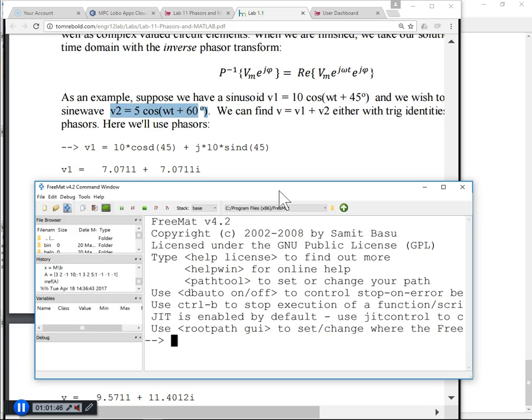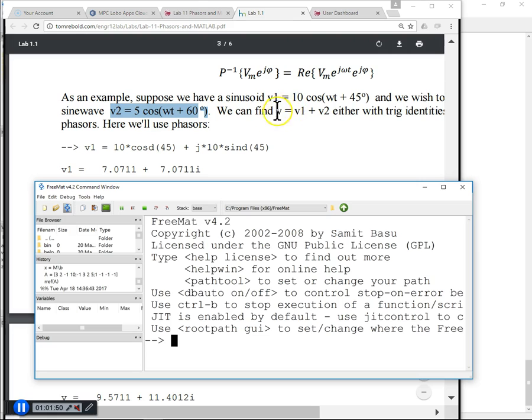Can I get you as a test audience for a second? We're adding V1 and V2 together, and V1 is 10 cosine omega t plus 45 degrees, and V2 is 5 cosine omega t plus 60 degrees.